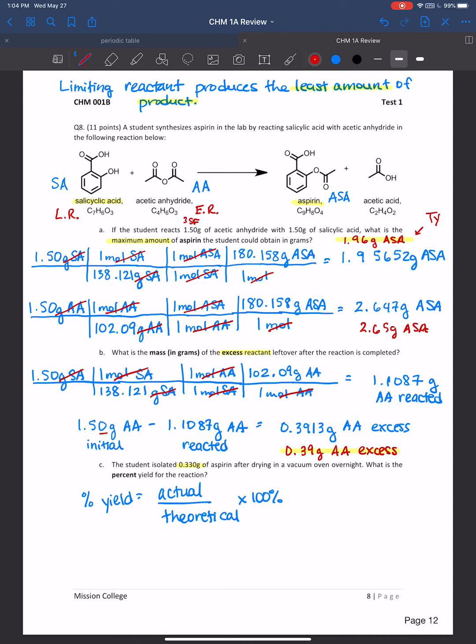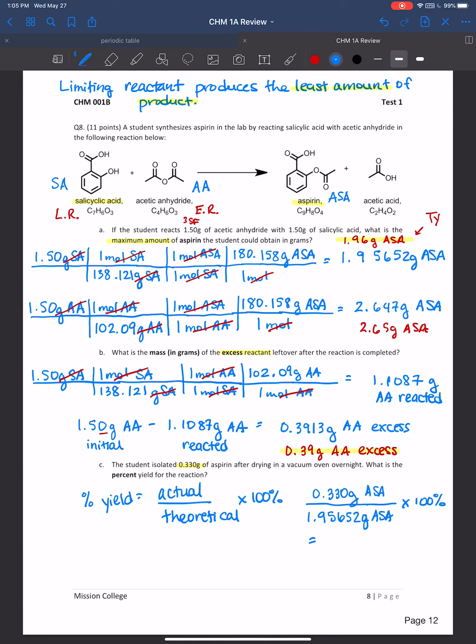So in this case, that 1.95652 grams. Right, so let's go ahead and plug that into this equation here. We have 0.330 grams, and then we're going to plug in the theoretical yield, and this is the aspirin. The theoretical yield from the limiting reactant.